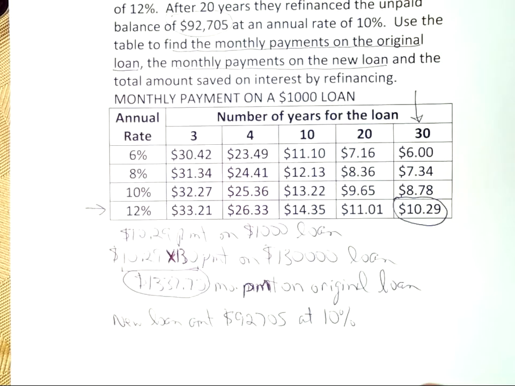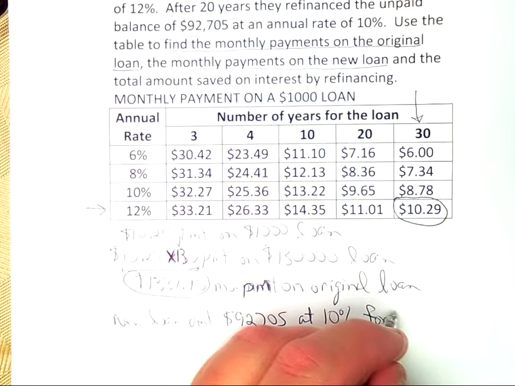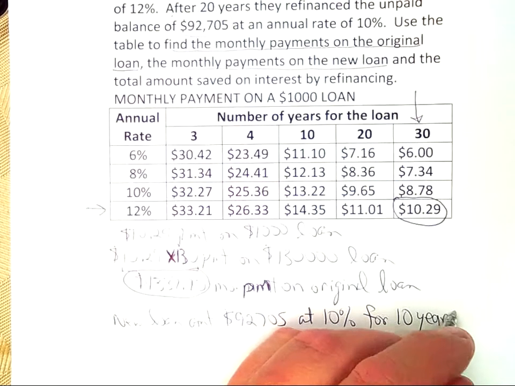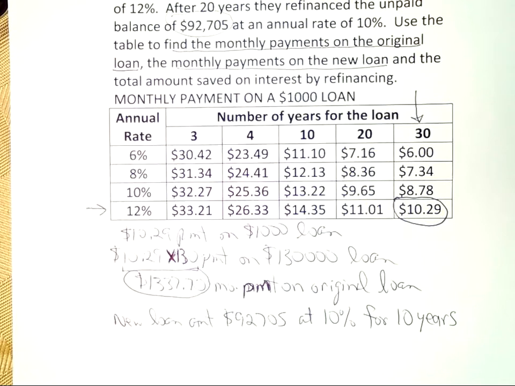There's a 30-year loan. They've already gone through 20 years of it, so there's only 10 years remaining that they need to refinance for.